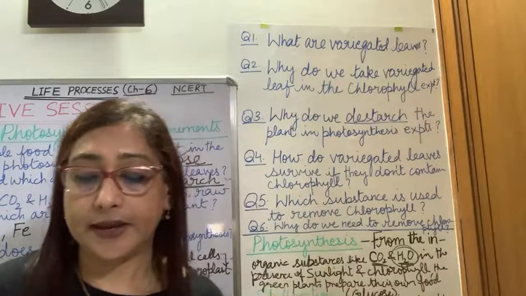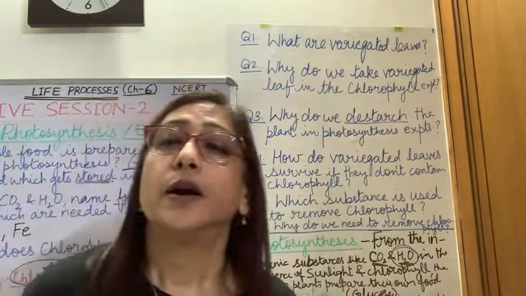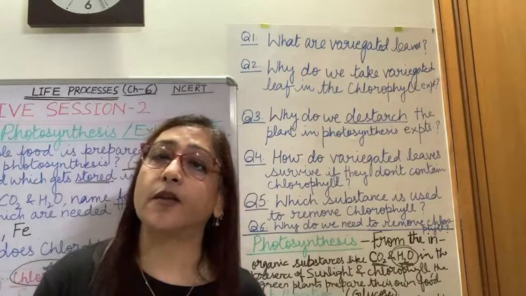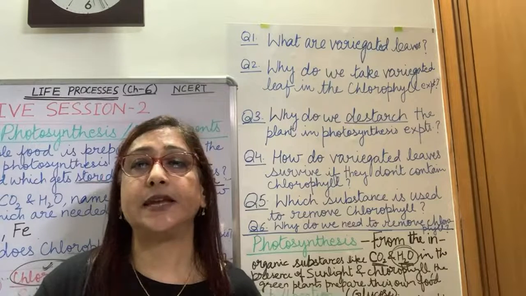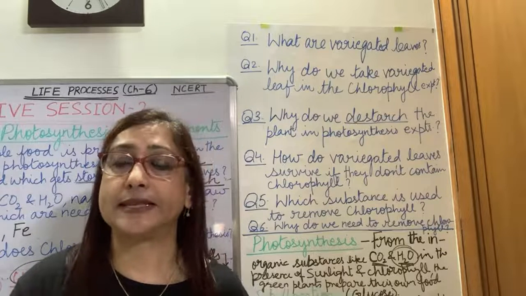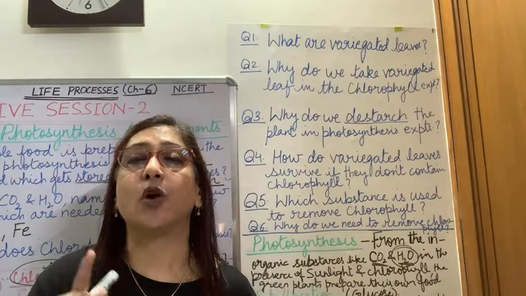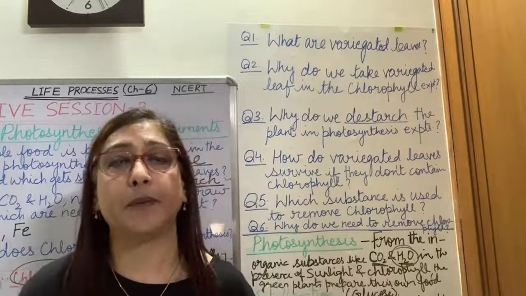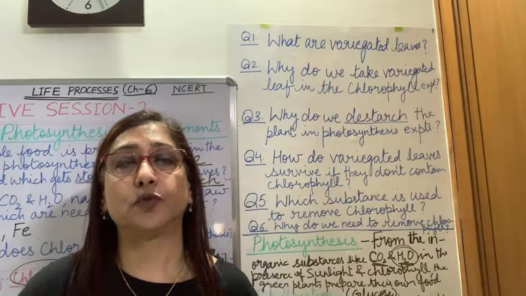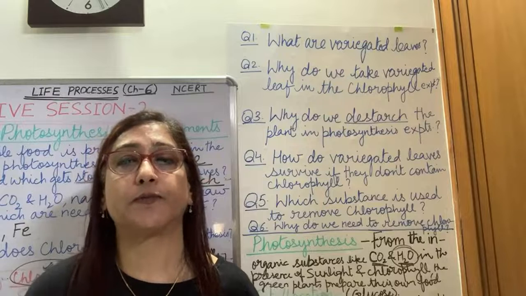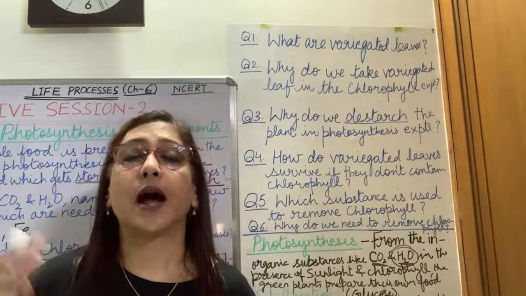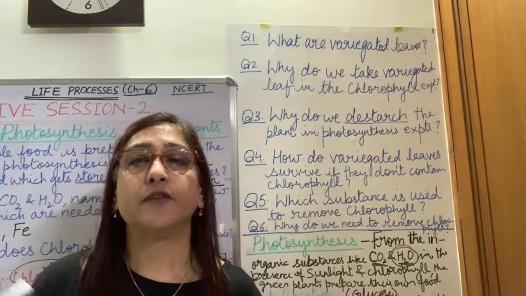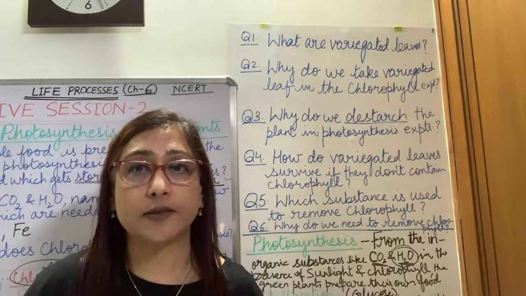The answer is, children, even these non-green areas of the variegated leaves have got pigments, but that pigment is not chlorophyll. There are some other pigments. There are two, three types of pigments, the names of which you need not know now. Chlorophyll is not there.